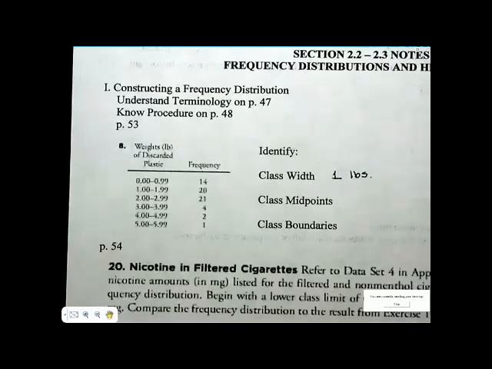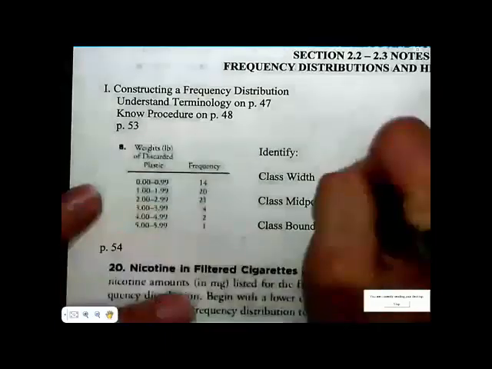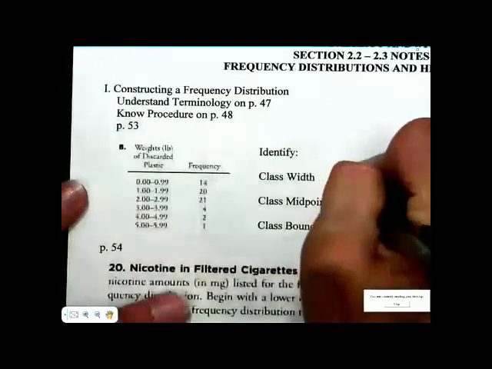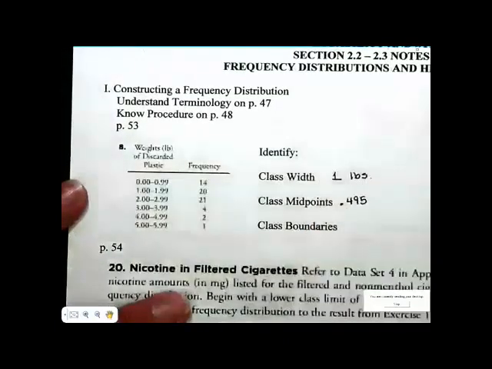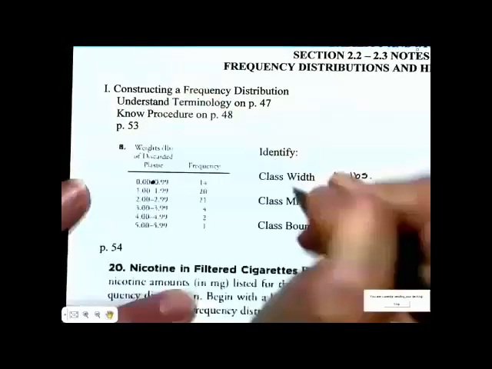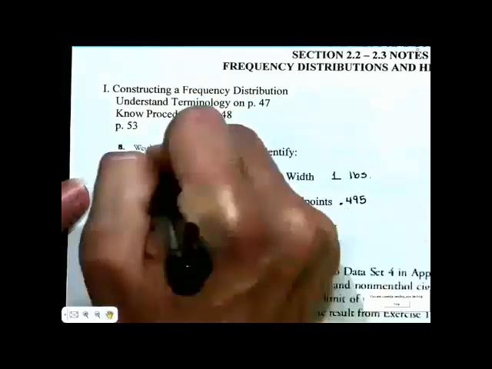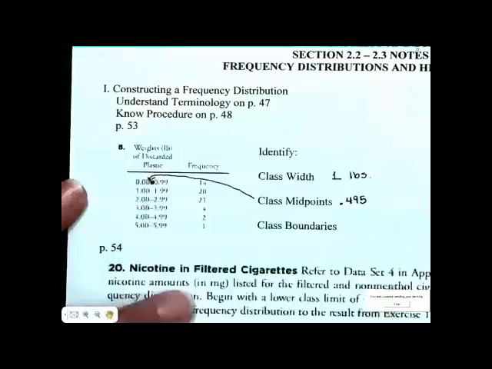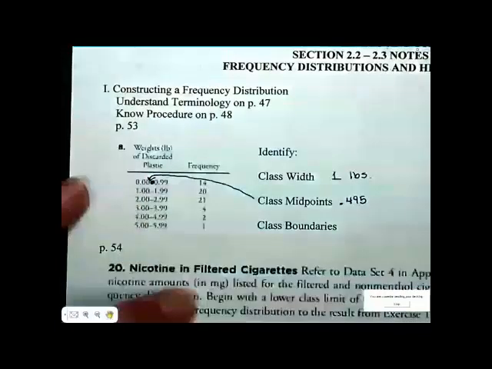This doesn't do so well in my head. 0.495. Isn't that right? 0.495 would be the first class midpoint. And it's right here. That's what we're talking about. Halfway in between the lower and upper limits for that class.